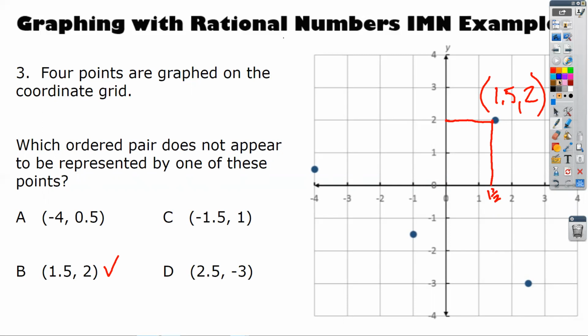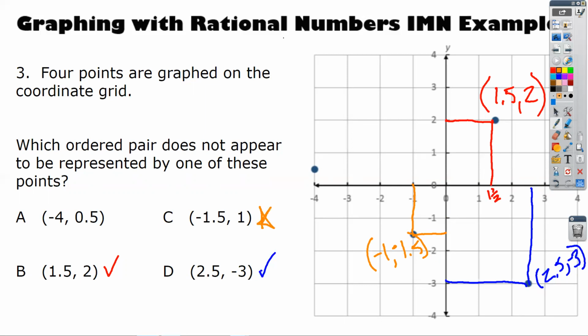And I would check the others as well. This one is at 2.5 and 3, and that's a -3. 2.5, -3. This one here is going to be at -1 on the x, and looks like -1 and then a half jump, so -1.5 on the y.